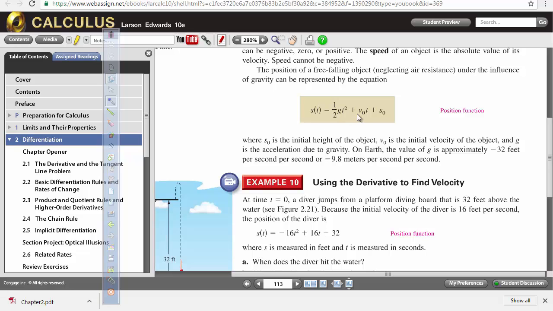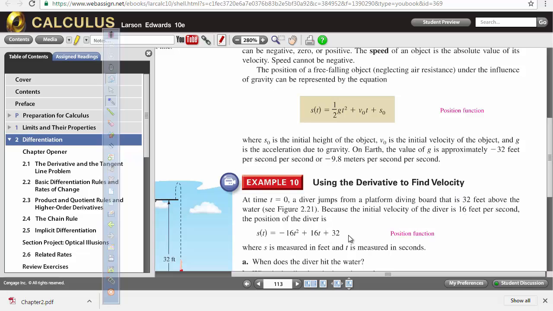Okay. And then v naught, like K-N-O-T, represents our initial velocity, and s naught is going to be the initial height of our object. So for instance, notice here, it says at time t equals 0, a diver jumps from a platform diving board that is 32 feet above the water.